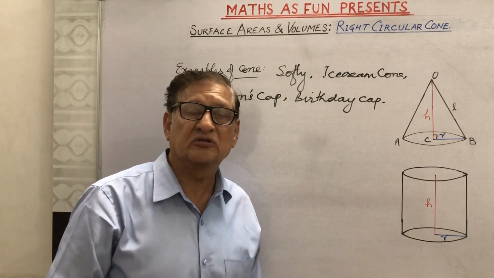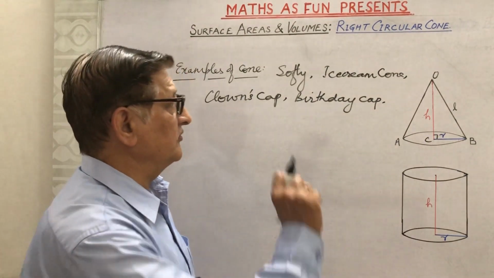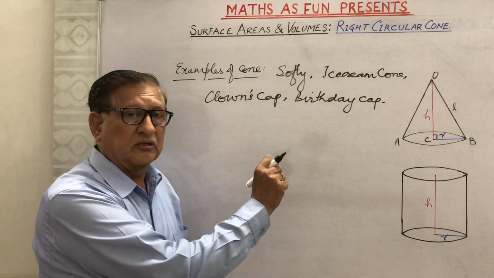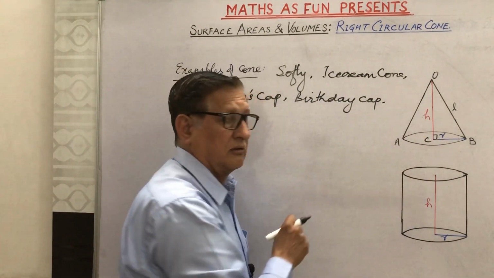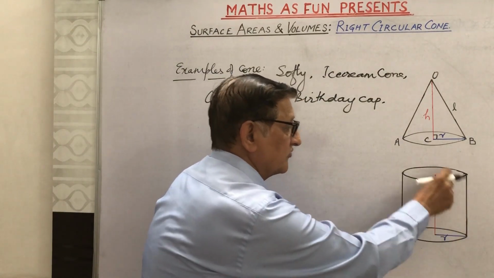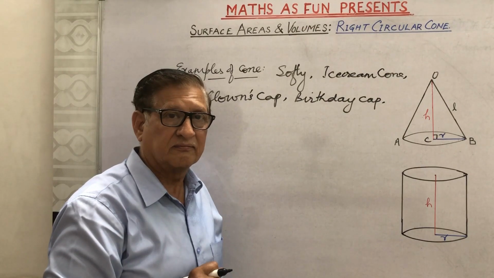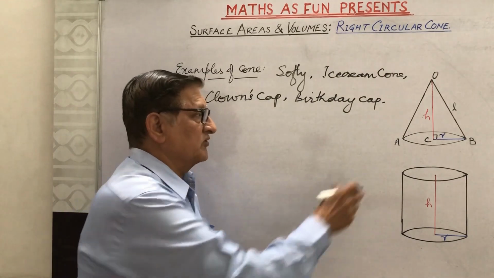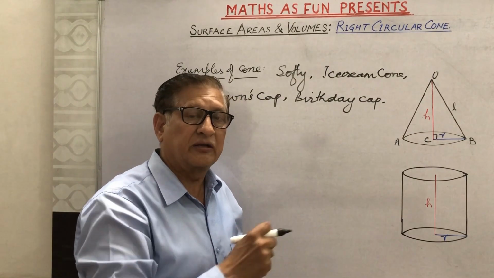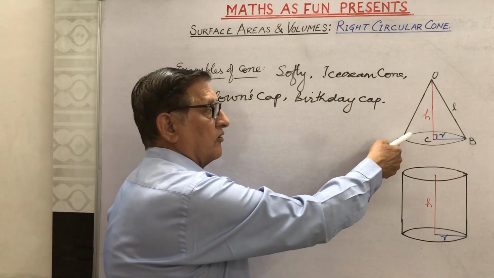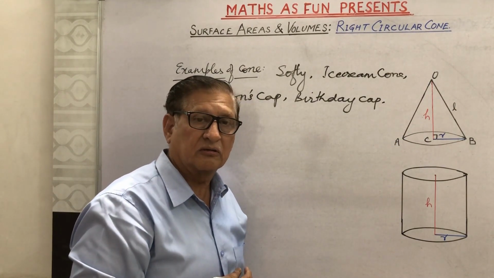Now how to find out the volume of a cone? To find the volume, let's take one of the things, that is, if we make a conical vessel and another cylindrical vessel of the same height and same base radius. And suppose we fill this conical vessel with either liquid or sand, and we pour this in this particular vessel which is cylindrical.